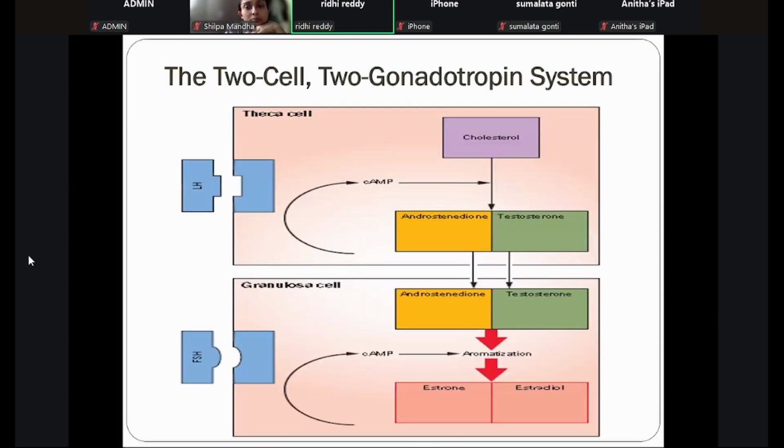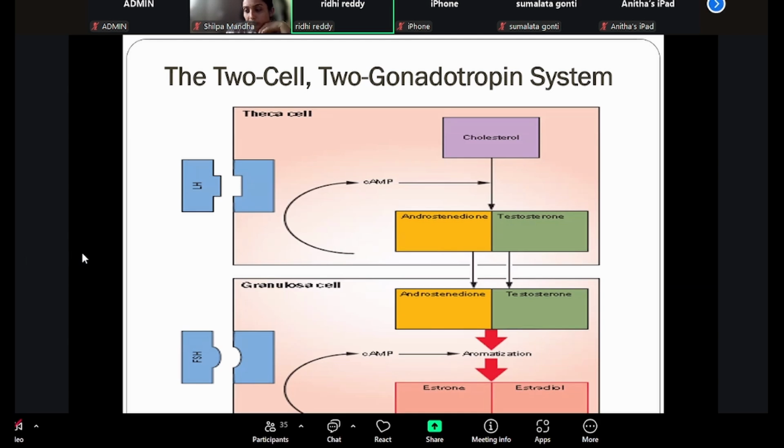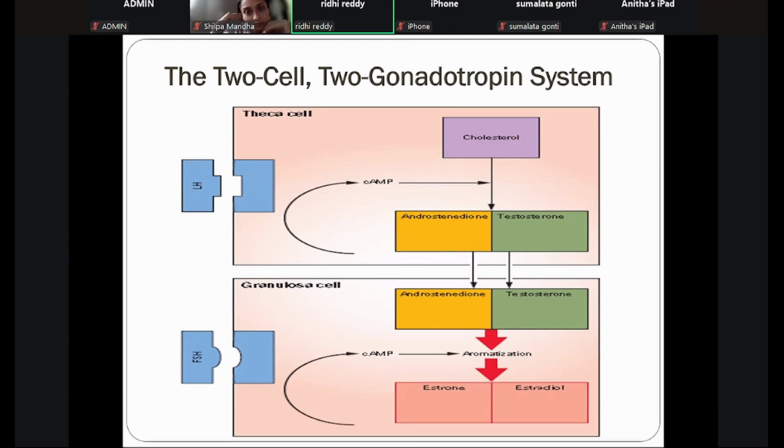So this is the two-cell, two-gonadotropin system, where in the follicular phase, theca cells have LH receptors, whereas granulosa cells have specifically FSH receptors. So there should be some LH activity in the early follicular phase also. What does theca cell LH do?